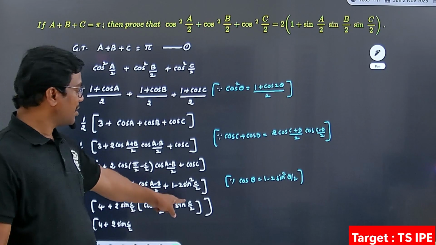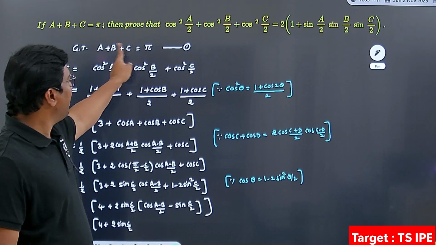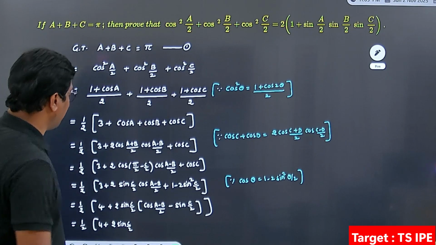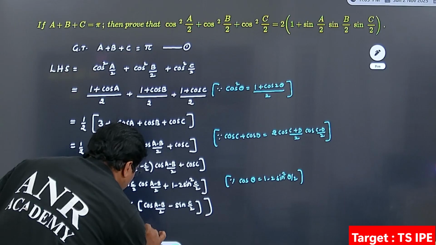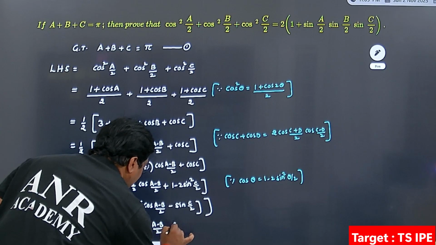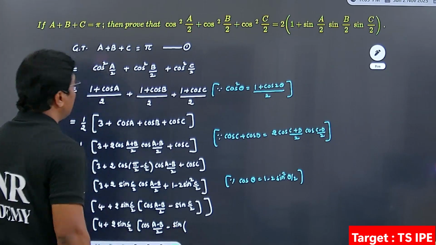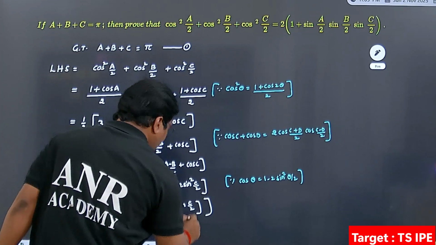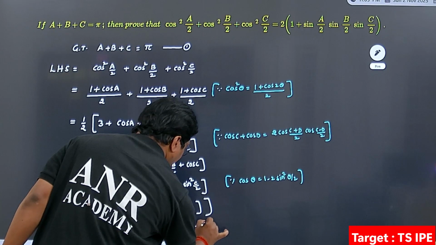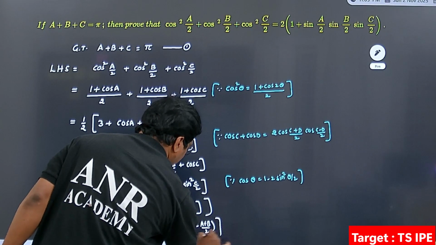See here, C is written as 180 minus (A plus B) and C by 2 is written as 90 minus (A plus B) by 2. So cos of (A minus B) by 2 minus sin of C by 2, whose value is sin of 90 minus (A plus B) divided by 2.